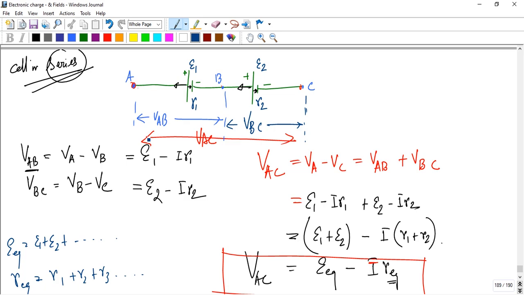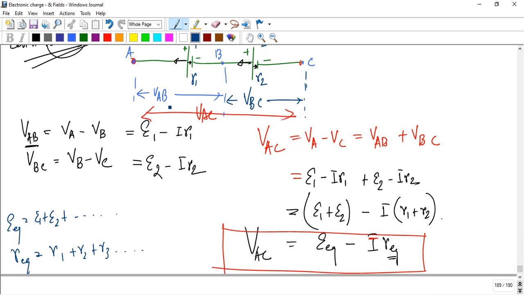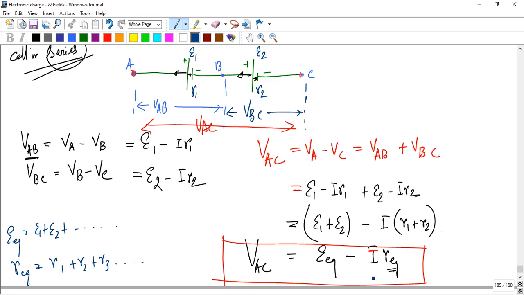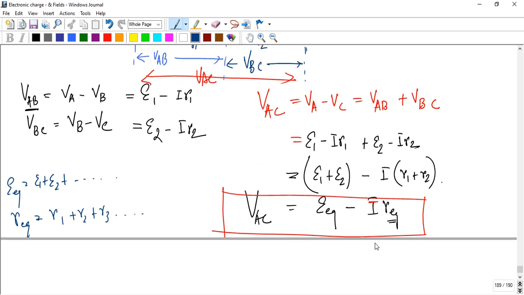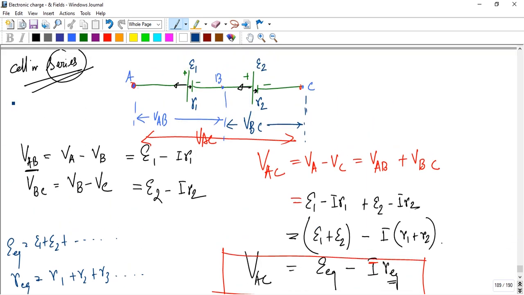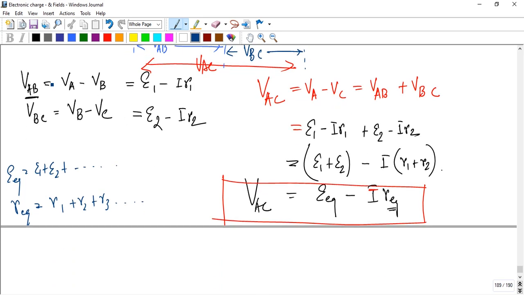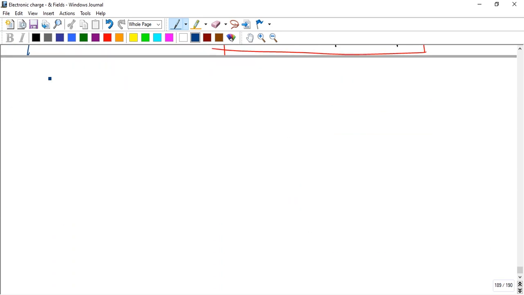The final conclusion is that they must simply be added. The small amount of potential lost is very small, because R equivalent is very small compared to the load resistance. Now, another concept after cells in series is cells in parallel. A very easy concept, cells in parallel.